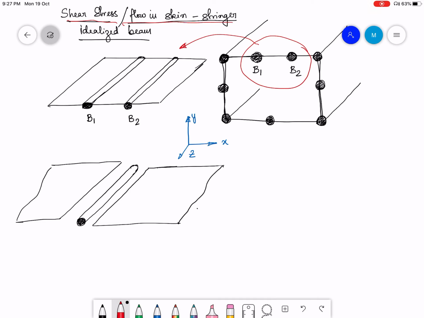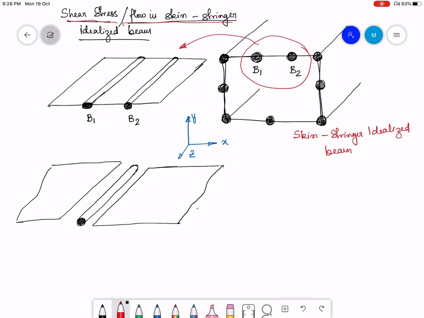So on the right hand side you see a skin stringer idealized beam. Okay, and I have also drawn the coordinate system, Z being the lengthwise direction of the beam.